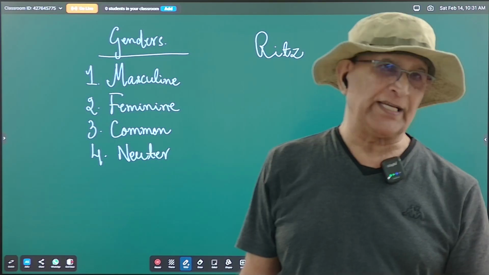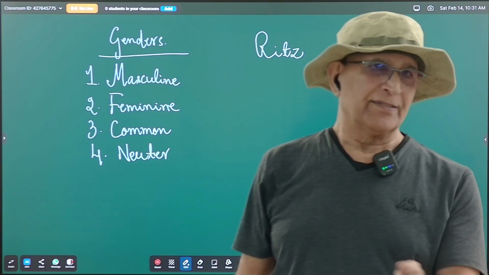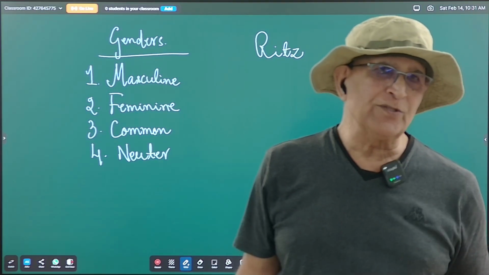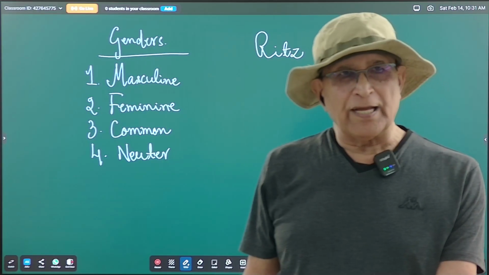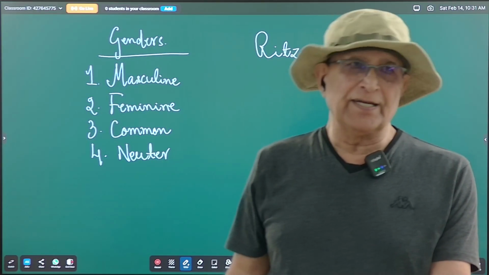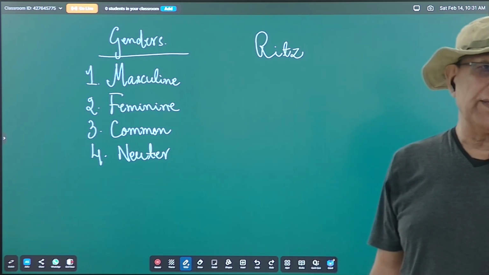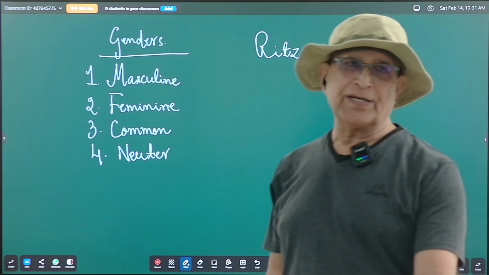It has no gender. So bottle, table, chair, desk, marker, board, fan, light, all these are neuter gender, which has no gender. These are all about gender in English relating to noun. We have four genders: masculine, feminine, common, and neuter. Are you clear about this?